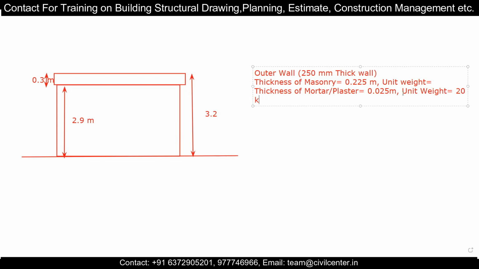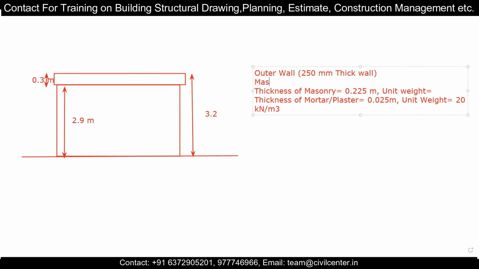You'll find in IS 875 part 1 that it's 20 kilonewton per meter cube. It can be the unit weight of mortar, and this unit weight depends on the masonry material which we are using. So let's go for masonry type of AAC blocks. You all know about AAC blocks, autoclaved aerated concrete blocks. So we'll find out the unit weight of it.